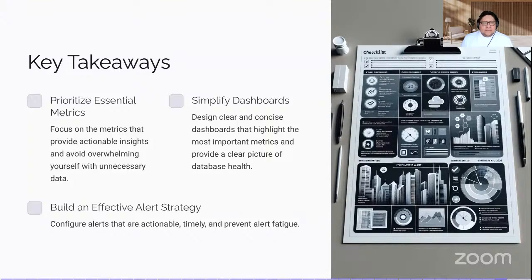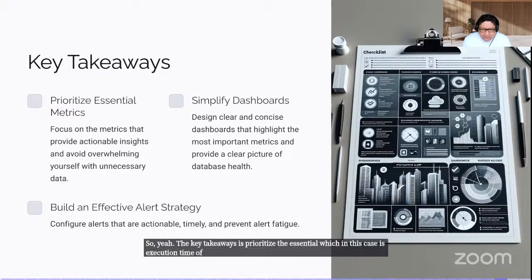So yeah, the key takeaways are: prioritize the essential, which in this case is execution time of queries. That's the most important thing. Simplify dashboards. Put everything on a single page. You don't have to go clicking and going to different pages.